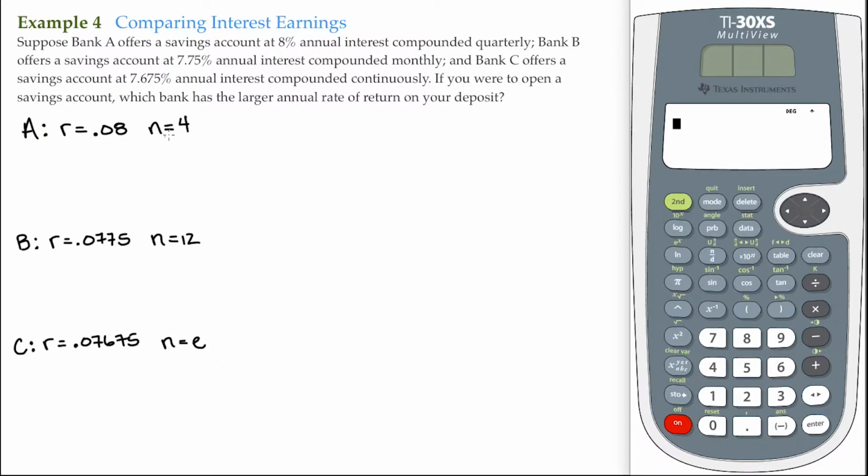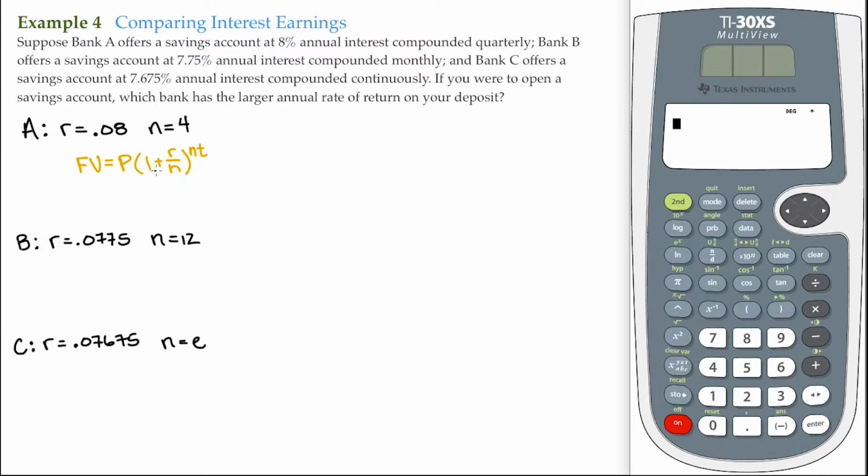Now the future value for compound interest, that's future value equal to P times 1 plus R over N, to the N times T. Now the only portion that we're really concerned with right here is not the initial amount, because it doesn't really matter.